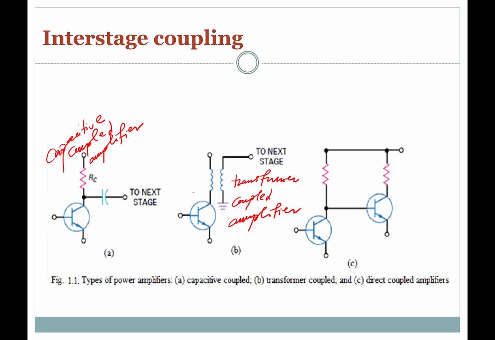Then the third one, which is the direct coupled or the DC amplifier, you would notice that after the first stage of amplification, it is connected directly to the second stage of amplification, and that is what we term the direct coupled amplifier. So this is the direct coupled amplifier, and then we have the transformer coupled, and then we have the capacitive coupled amplifier.